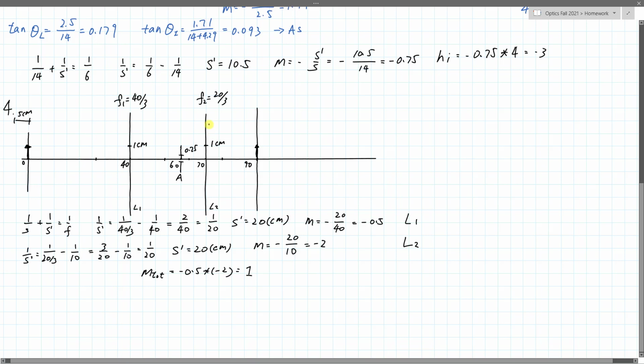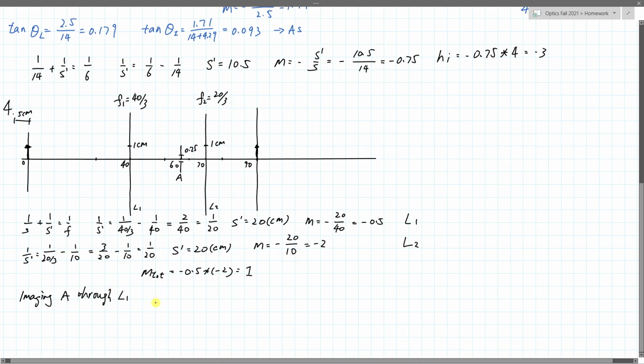But I think L2 is not the aperture stop, because the image over here is going to get really close, so the angle is going to get really big compared to this one. So that's my guess, but we need to calculate. So let's be specific about what we're calculating. Imaging A through L1, going from right to left.